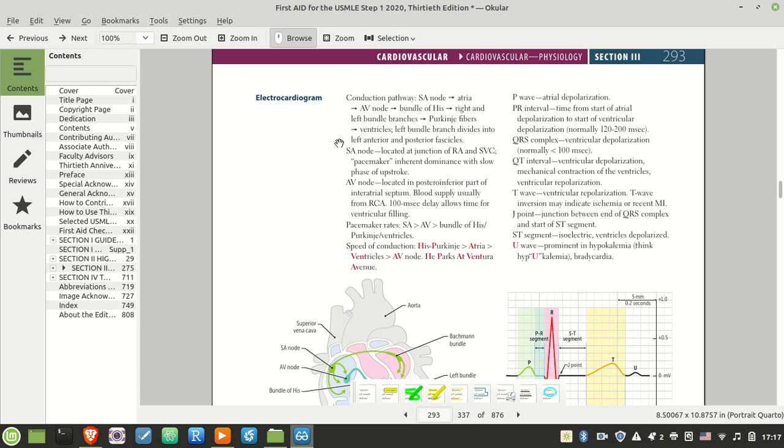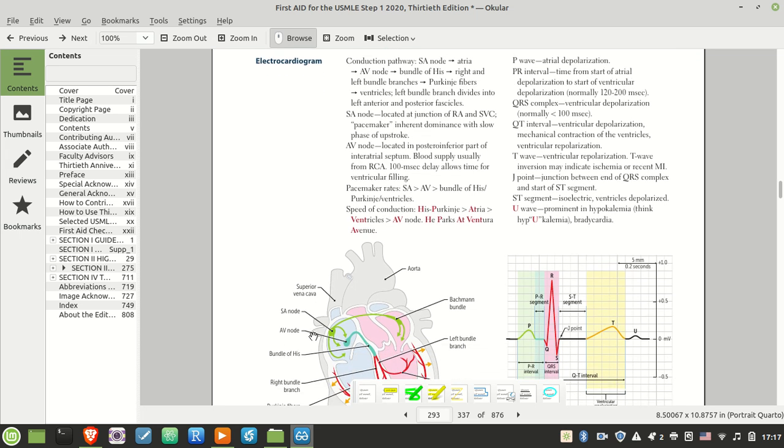So, sinoatrial node. Right atrium and the superior vena cava. That's actually exactly where it is. There's no point in me saying that because it's written right here. The only important thing about this is that it's the pacemaker, meaning that's the thing that sets the pace.